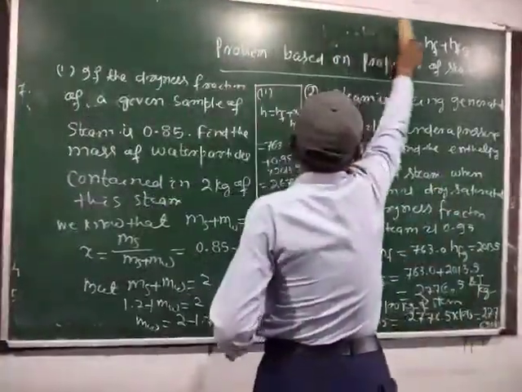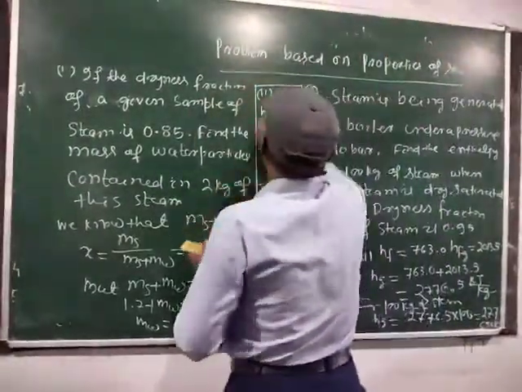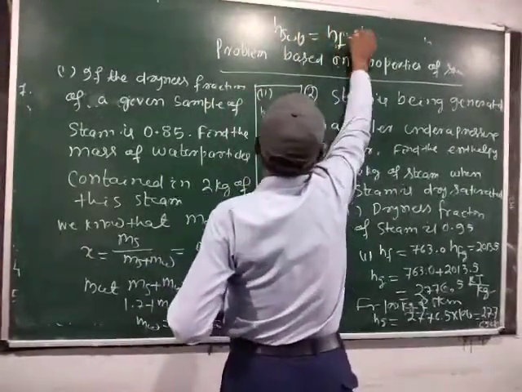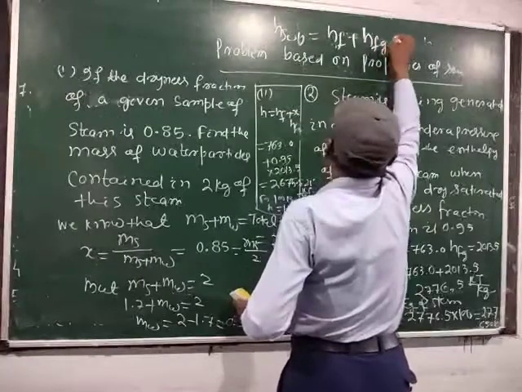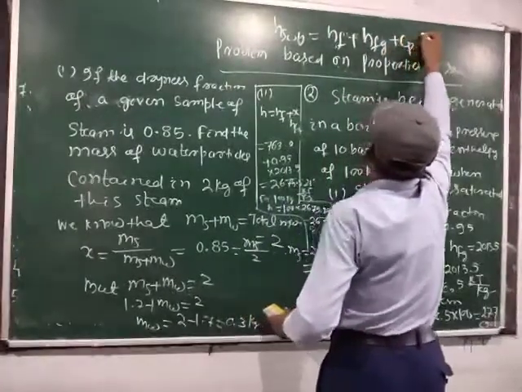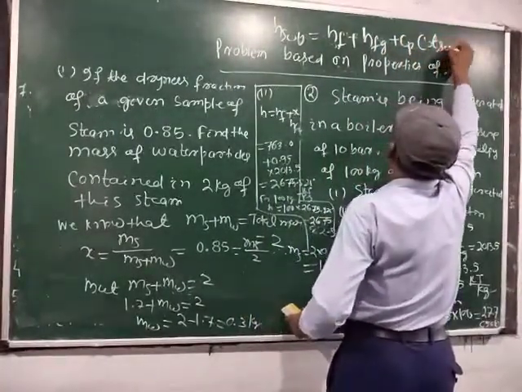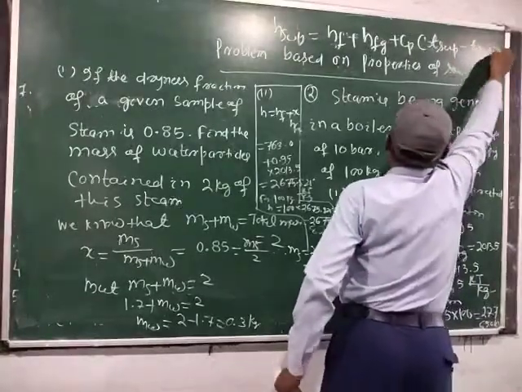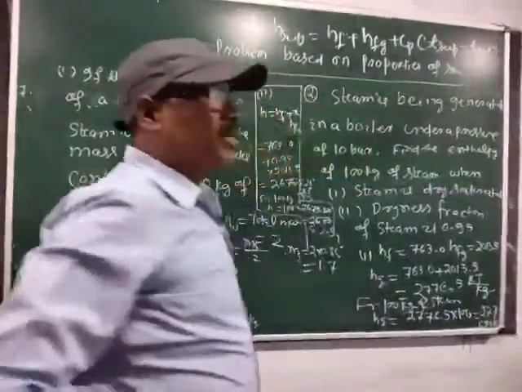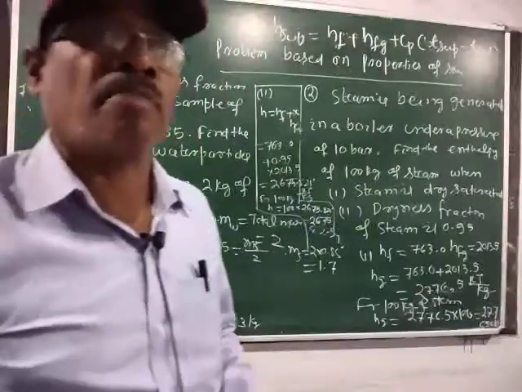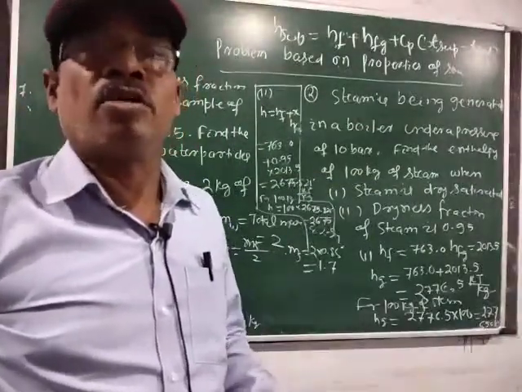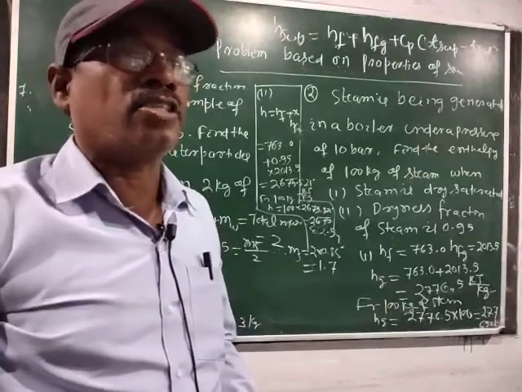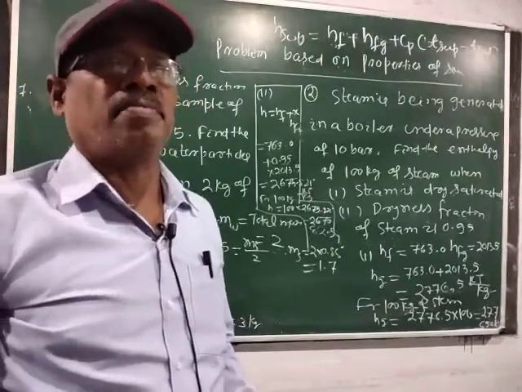It is given by the formula H superheated is equal to Hf plus Hfg plus Cp within bracket T superheated minus T saturated, where Cp is equal to specific heat at constant pressure, T superheated is equal to temperature of superheated steam, and T saturated is equal to temperature of saturated steam.